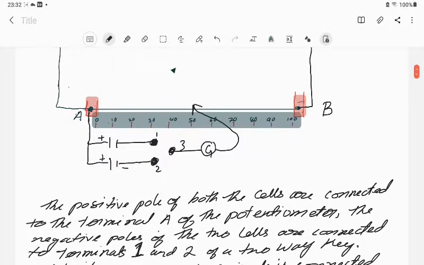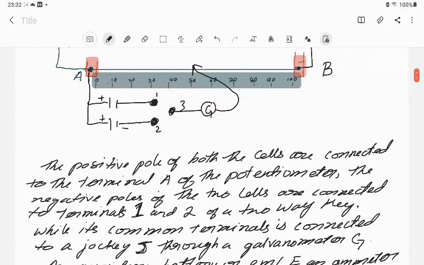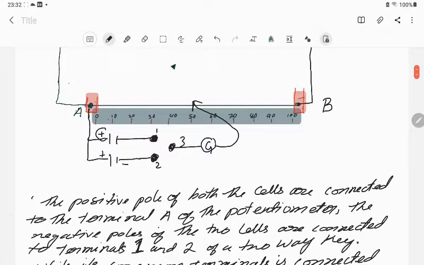Now see, I have written here the description. The positive poles of both the cells are connected to the terminal A. So this positive of both the cells is connected to A. Let's say cell 1 has EMF E1 and cell 2 has EMF E2.